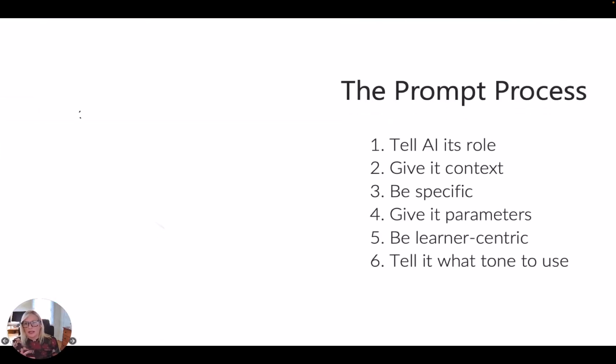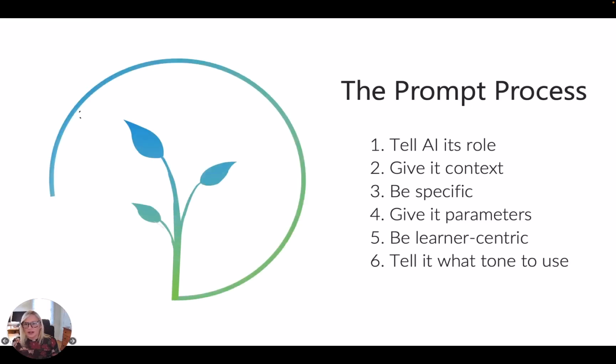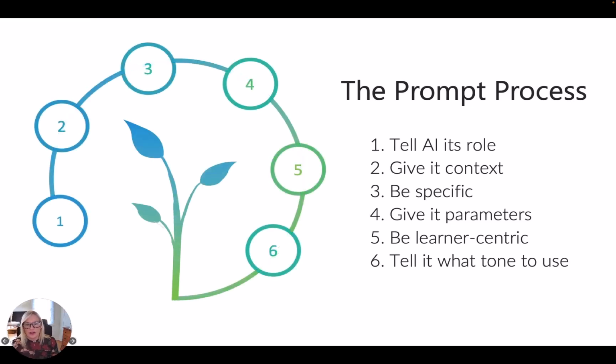I've read over a lot of information from different thought leaders, and this is a clean and quick way to write a prompt and put it in one of these generative AI tools to get some output. So you tell AI its role. You give it some context about the course or the training. You need to be very, very specific.